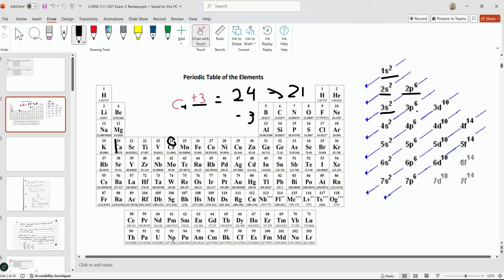After that you go to 3p6, but you don't go to 3d10. You go to 4s squared first. So the pattern is kind of going like this. If you get what I'm trying to say. Yeah, makes sense.